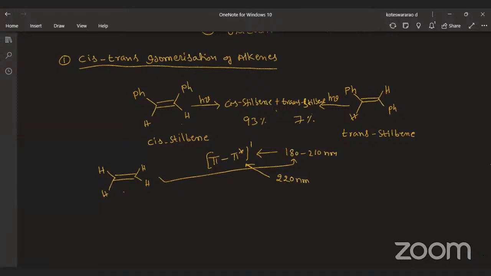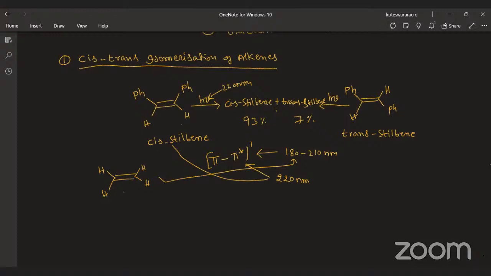If we are using conjugated olefins, we need to irradiate the starting material at a minimum of 220 nanometers, and only then does it initially generate the π to π star state.